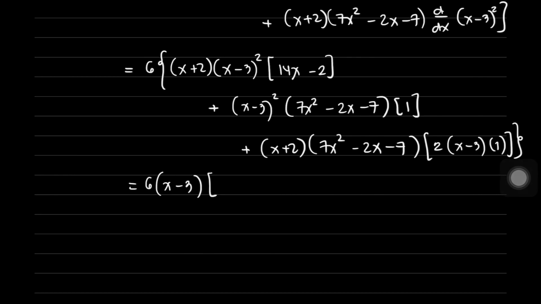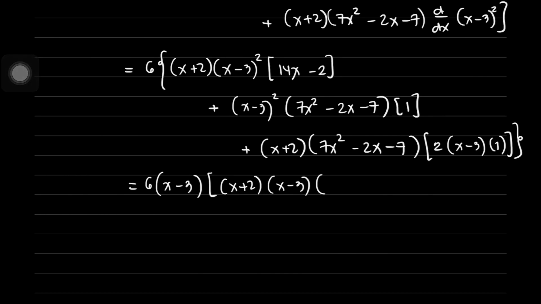And no more. Alright, so we have no more common factors in these three terms aside from x minus 3. Now that we brought out x minus 3, the remainder in this term would be x plus 2, x minus 3, and then 14x minus 2. Right?